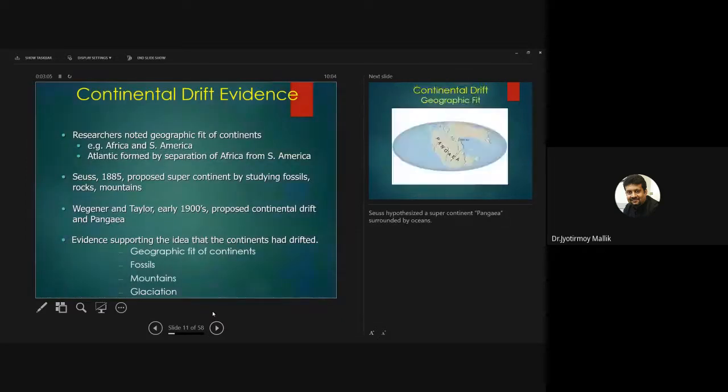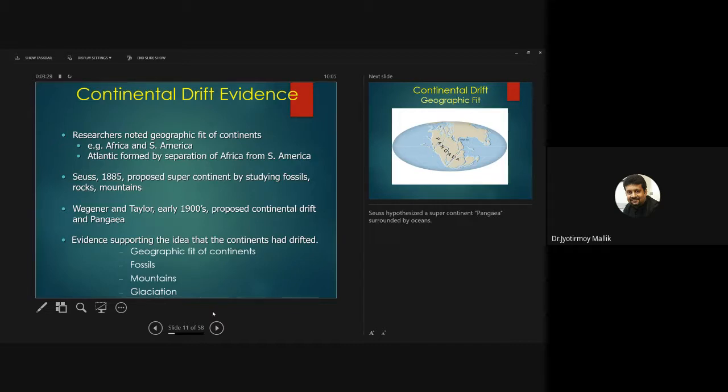So what does continental drift mean? Continental drift means simply what we have just described, drifting of continents away from one another. Okay. So the researchers noted the geographic fit that we have just described. For example, Africa with South America, like the Atlantic formed by the separation of Africa from South America.